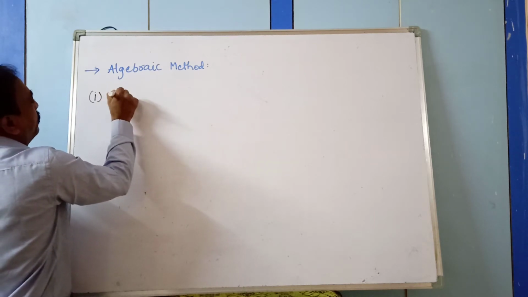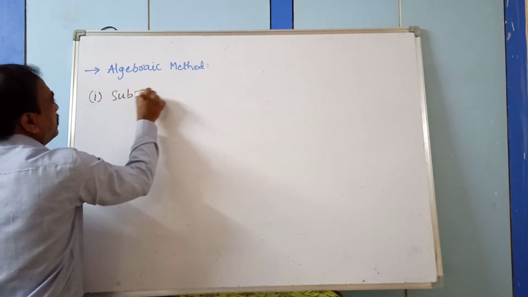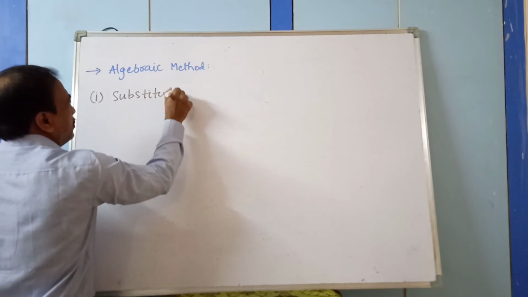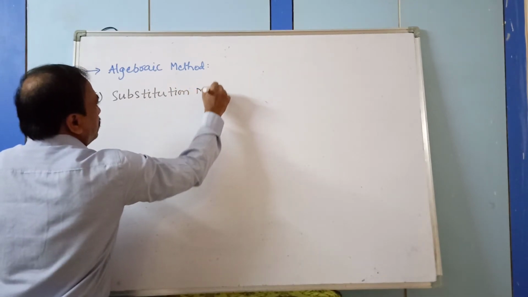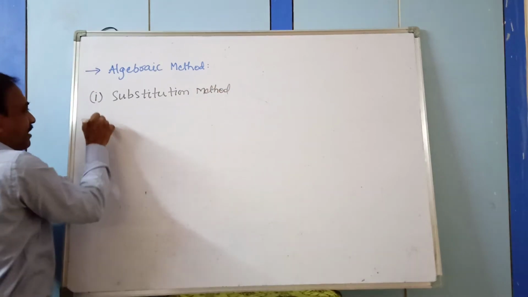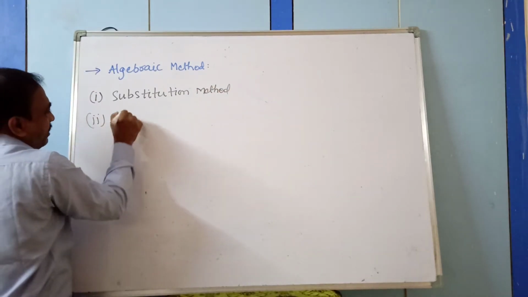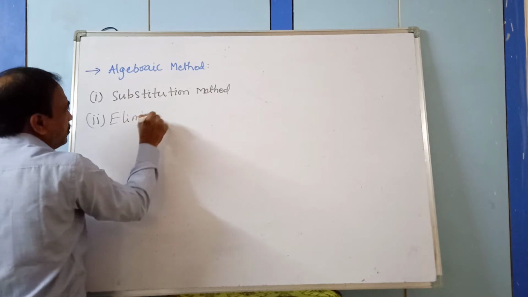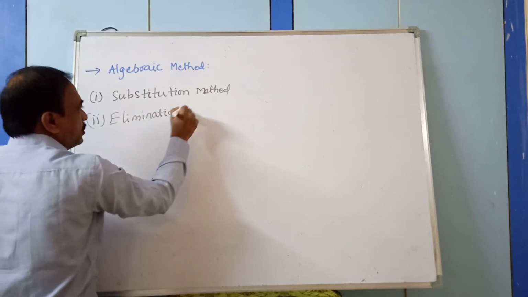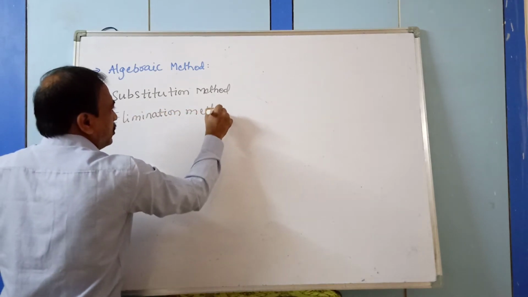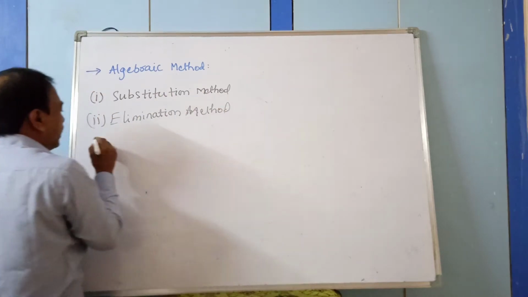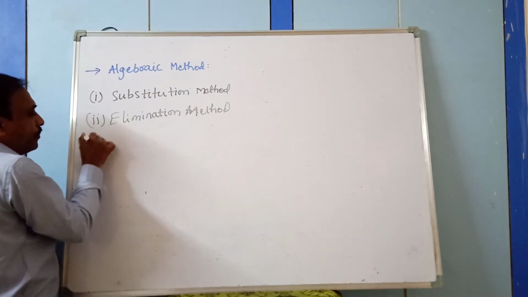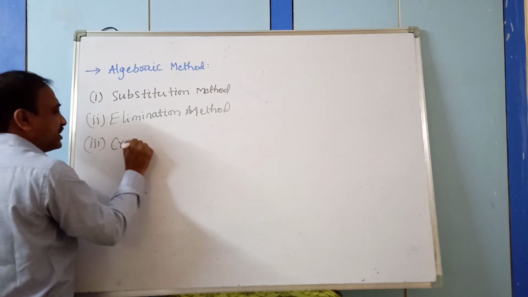One is the substitution method, the second is the elimination method, and the third is the cross multiplication method.